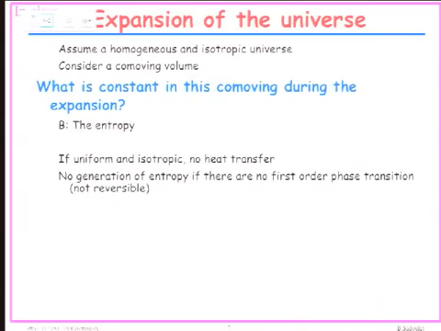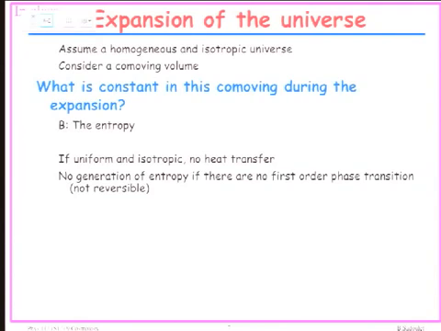So the volume increases, and the amount of work done on the outside is PdV, so the energy inside is decreased by minus PdV. So the energy has to decrease.